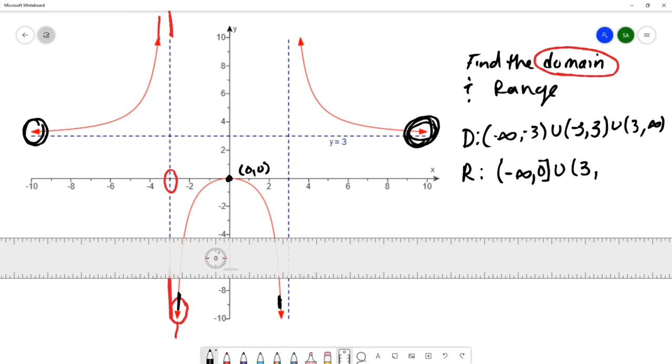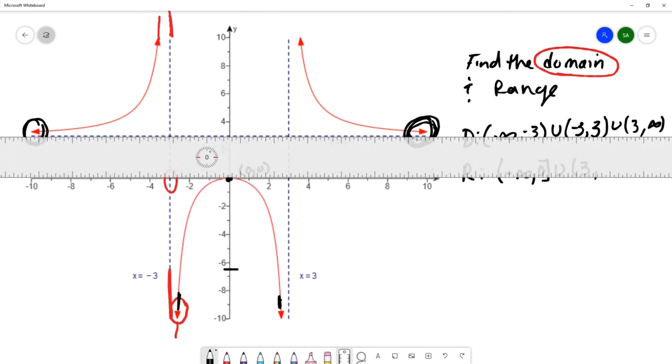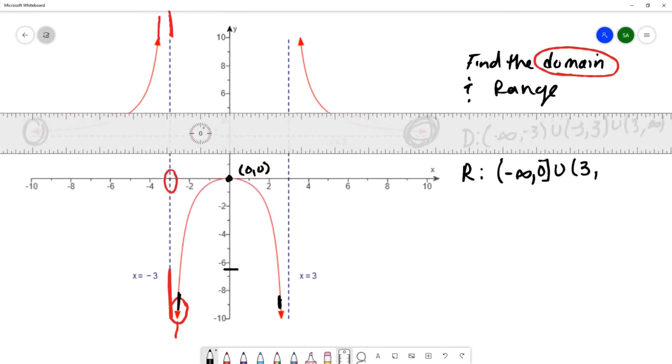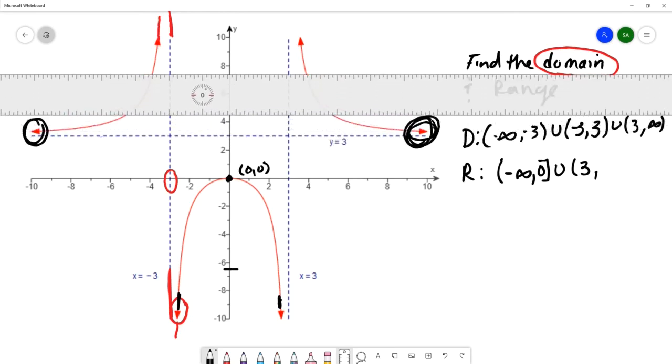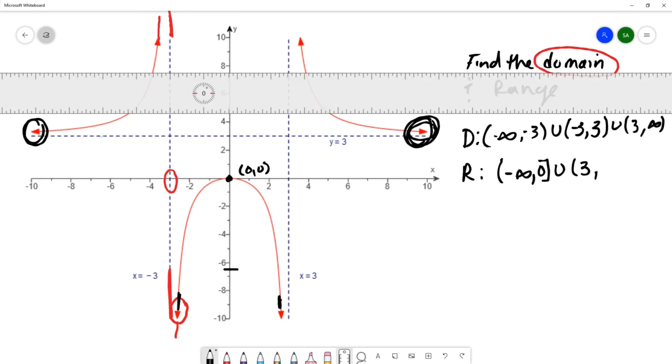So since there is never a y value of 3 on this graph, we do not include it in the range. That's why I'm using a parenthesis. But above 3, all of these y values will be included in the range, and these arrows indicate that it goes on forever, and so we will end our range going to infinity.